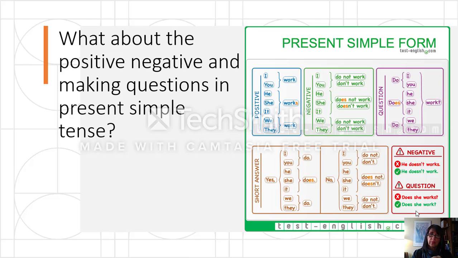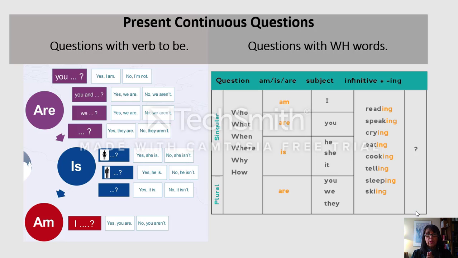Here, let's go. So what happens with the present continuous? Since in the present continuous we are using the verb to be plus the verb ending in ing, we are going to use the verb to be to make questions. That is one option. So you're going to do the same thing as before with the verb to do.